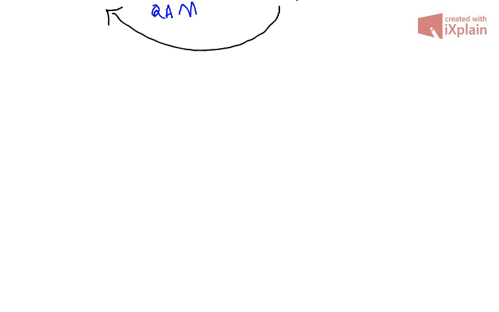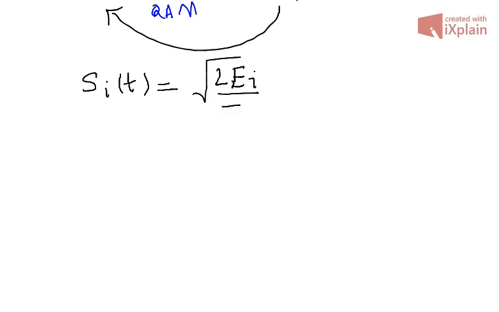Mathematically we represent our signal S_i of t in this form. Let me write it out: the square root of E_i over T, p of t, and cos of omega ct plus theta_i.